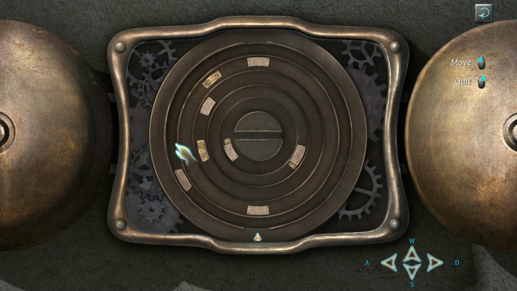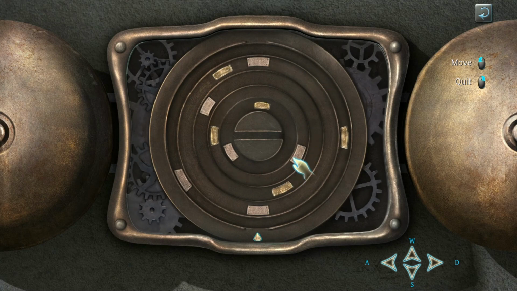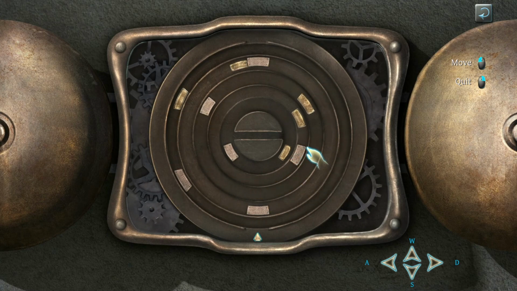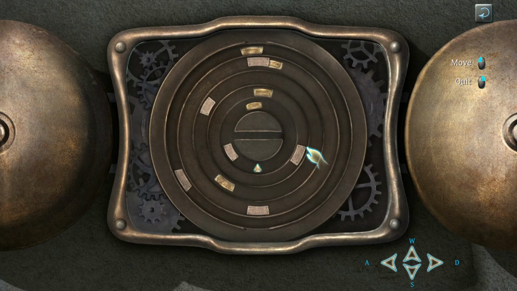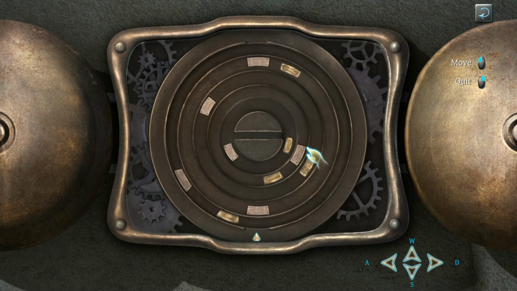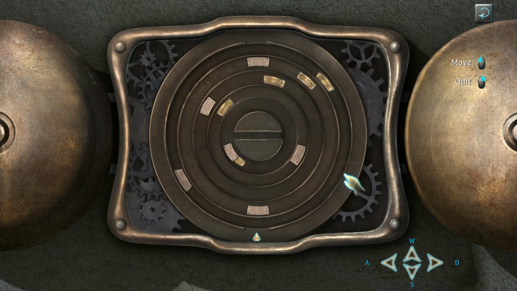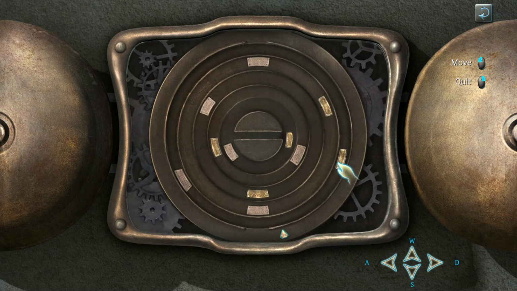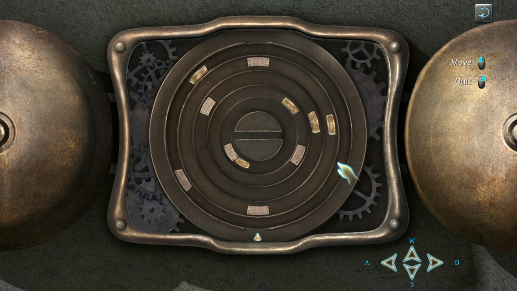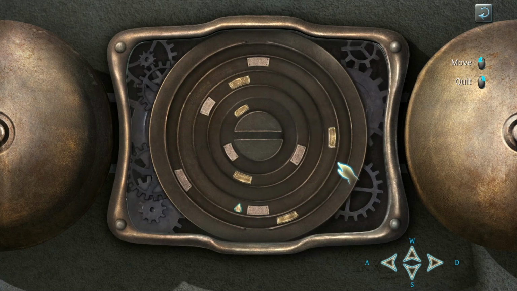It seems almost like Mass Effect 1 lockpicking. But I don't think... Oh! Oh, I didn't realize you can go through the... So I was correct. I can't go through this, but I can go through these.